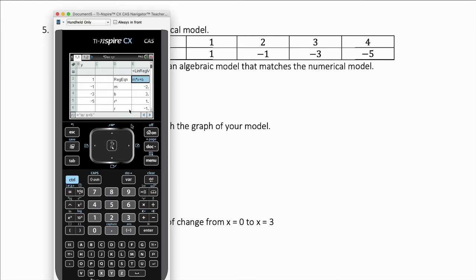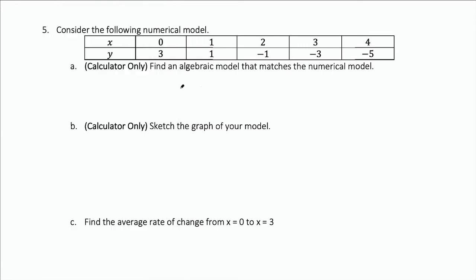Click OK, and it tells you your equation is mx plus b, this is m, and this is b. So our equation of our line is just y equals -2x plus 3.